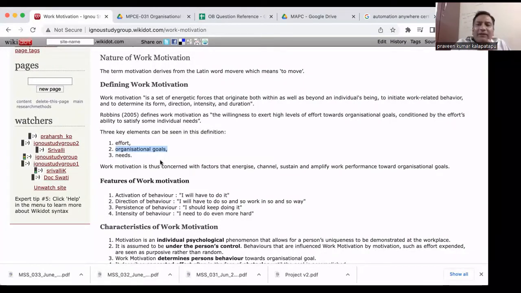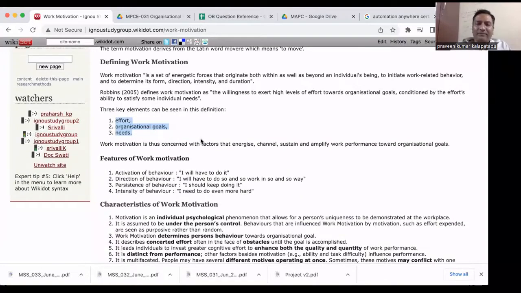Without a goal, you can't define or give a direction to the motivation. And the needs are what generate this motivation: what you are going to achieve out of that goal, and what basic need is going to be fulfilled. These are the three key elements in all these definitions.